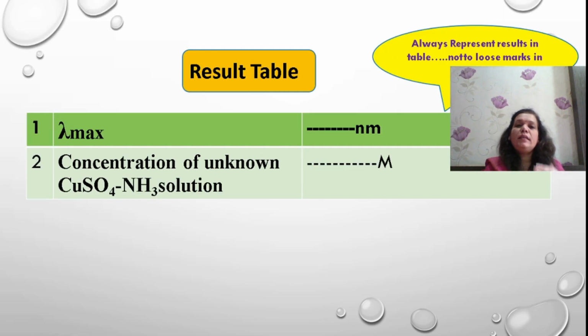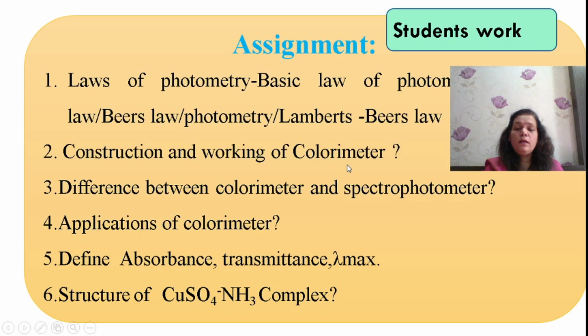You will report the data in terms of result table for this experiment as lambda max value for copper sulfate ammonia complex and concentration of unknown or given copper sulfate ammonia solution in terms of molar. Here I have enlisted as an assignment for you to prepare for this particular experiment, where I try to prepare a basic questionnaire, where you should know the laws of photometry, Lambert's law, Beer's law, or Lambert-Beer's law.